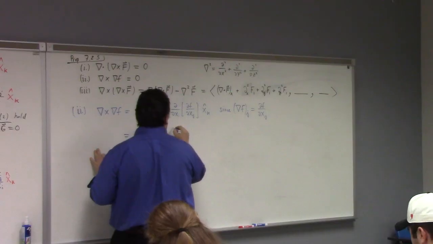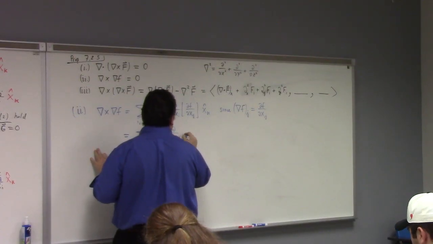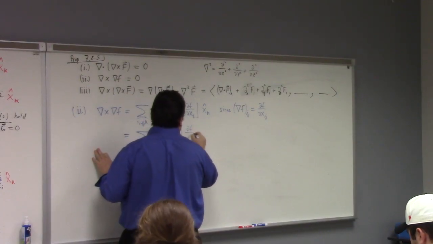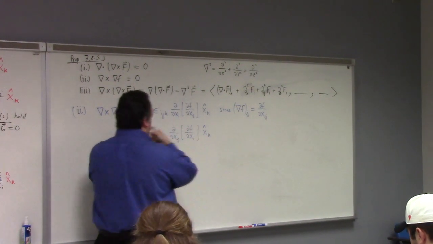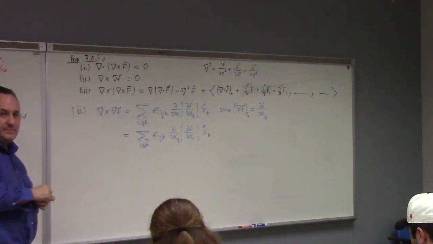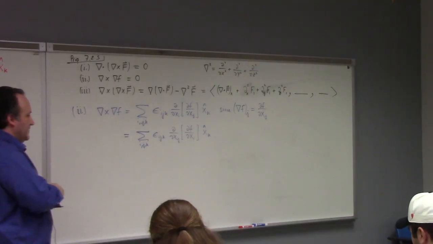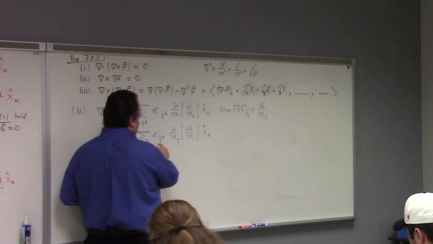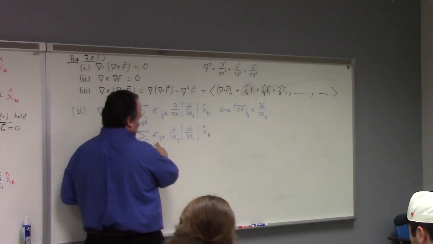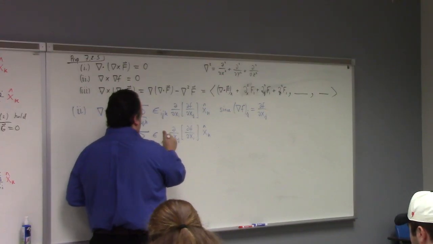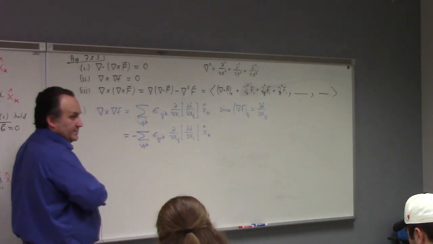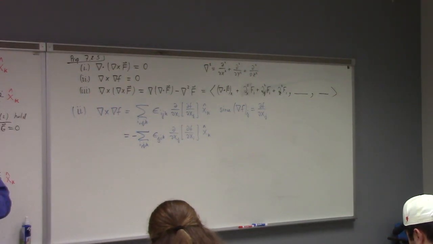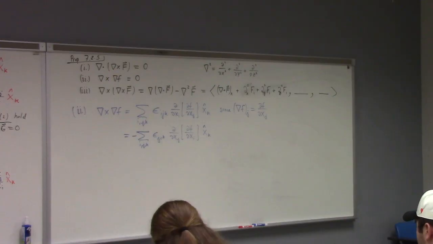This is partial x_j, partial f, partial x_i, right? We can flip the i and the j there, right? What happens if I flip the i and the j over here, though? But the order of summation doesn't matter, right?